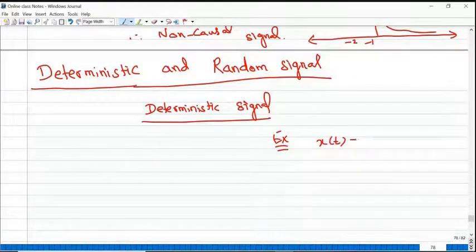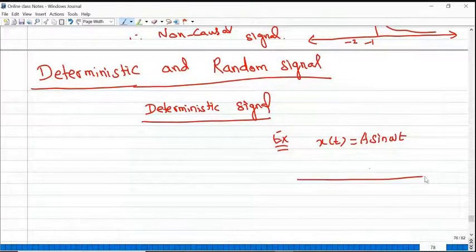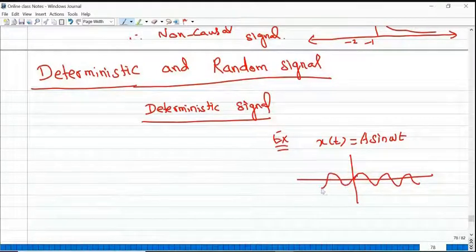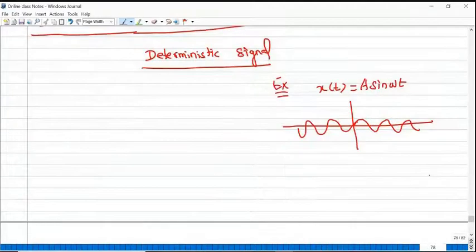X of t equal to A sine omega t. Or x of t equal to u of t. X of t equal to r of t. X of t equal to u of t plus u of minus t. Something like that. Okay. So it can be represented by a mathematical model or mathematical equation. So those kinds of signals are called deterministic signals.